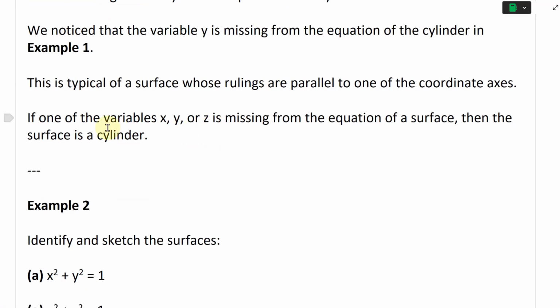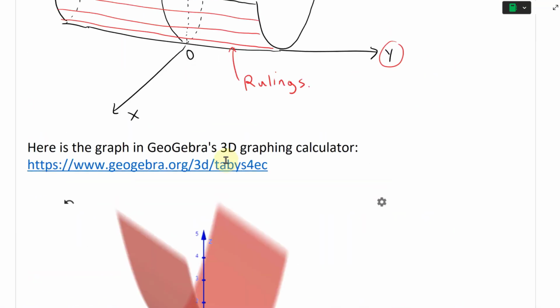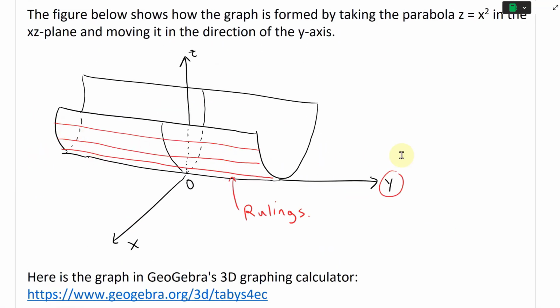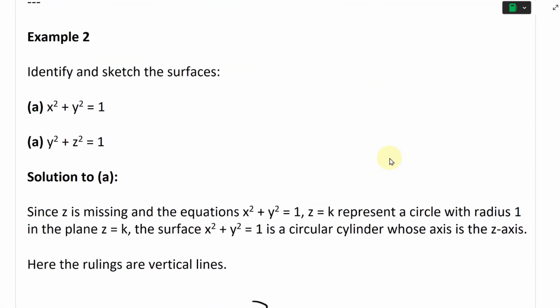If one of the variables x, y, or z is missing from the equation of a surface, then the surface is a cylinder. So that's a good note right there. Basically, whatever shape you have, it's going to be extended out infinitely. The y is missing here, so this means that we're going to extend this out for whatever value of y there is.